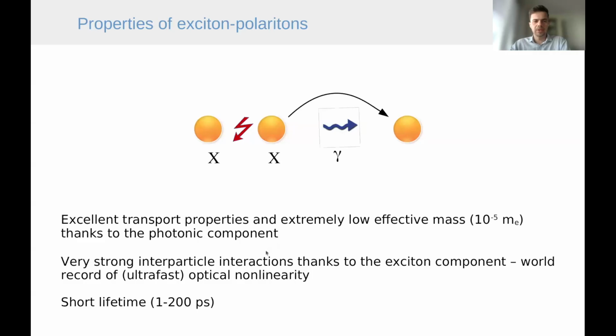On the other hand, they have very strong interparticle interactions, thanks to the excitonic component. And in fact, this leads to the strongest ultra-fast optical nonlinearity that exists. On the other hand, they are characterized by a short lifetime, of the order of picoseconds up to 200 picoseconds.